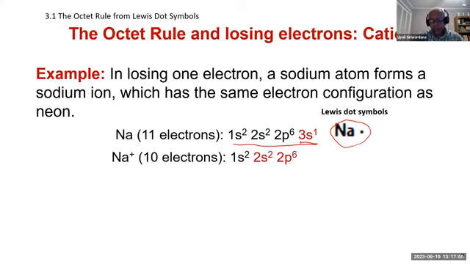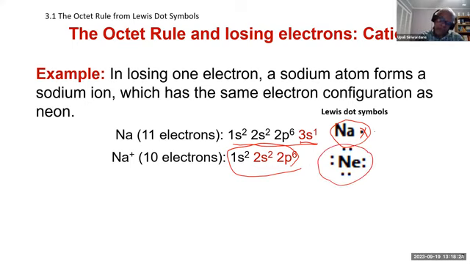So sodium loses 1 electron and it gets the electronic configuration of neon. Metals lose electrons and form the octet of the preceding noble gas. Preceding means before sodium. Neon is one place before sodium.